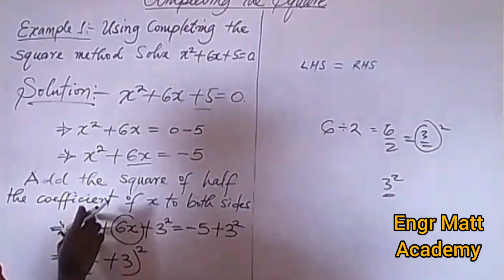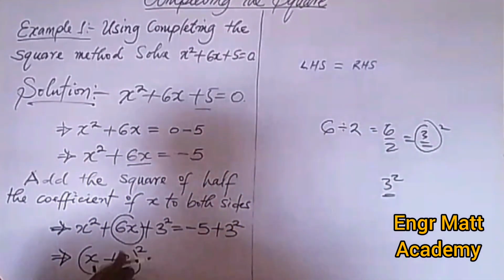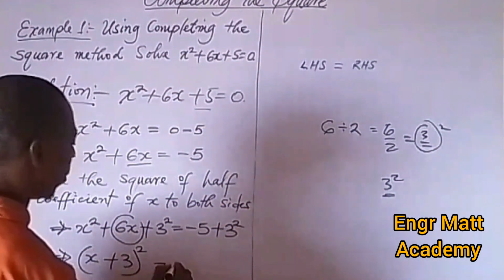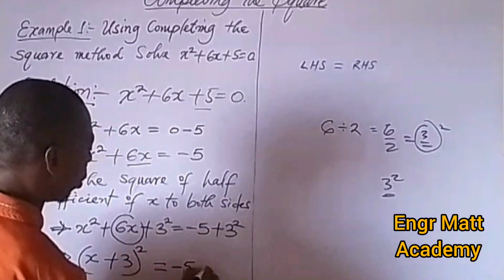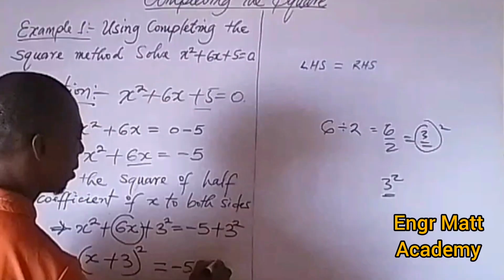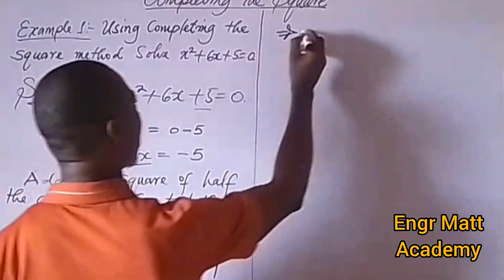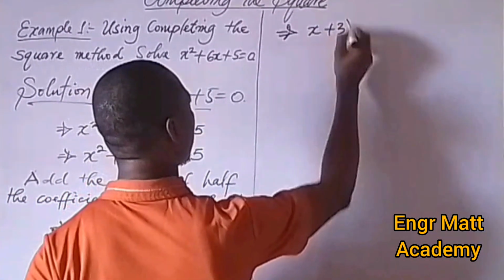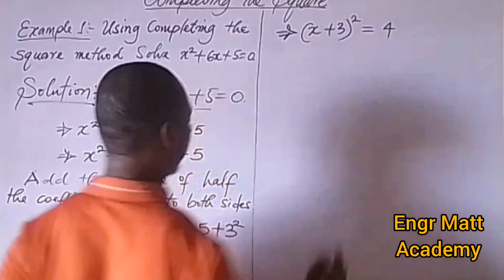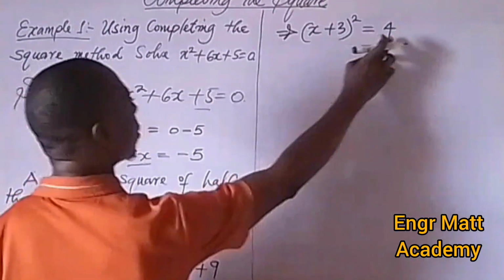Instead of repeating x squared and 3 squared, we combine them together and square them in a bracket, equal to minus 5 plus 3 squared. That is, 3 times 3 is 9. We say x plus 3 squared is equal to 4, since minus 5 plus 9 is 4.